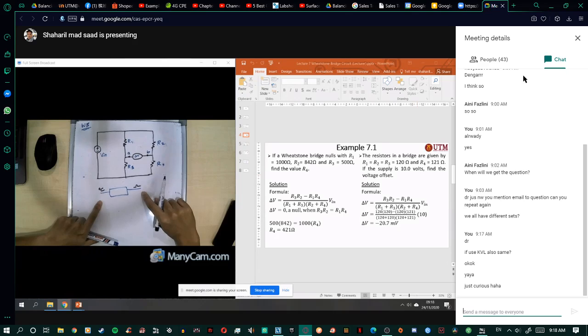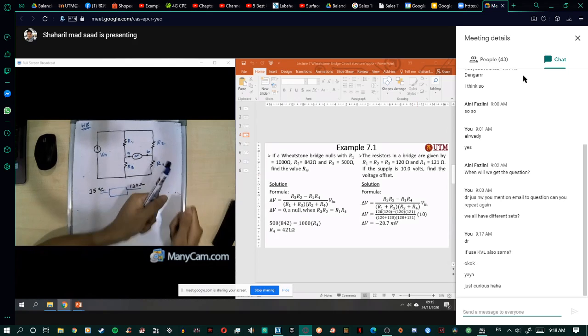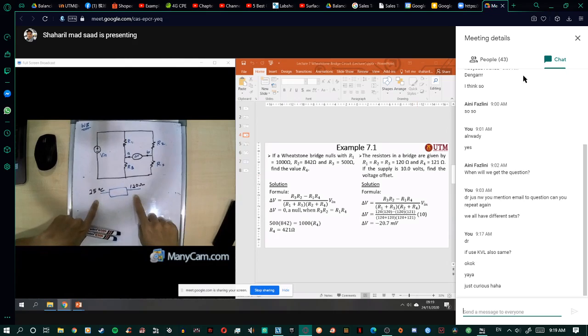Let's say we want to measure the room temperature. By default, the room temperature will be 25 degrees, and the initial value is 120 ohm. That means when you put your transducer inside a room, by default it is 120 ohm, initially 120 ohm at 25 degrees.